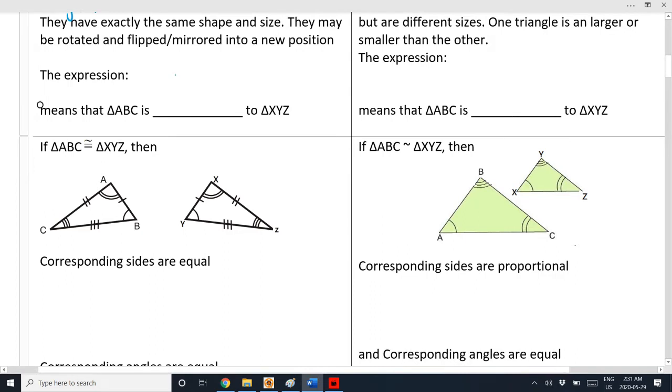If we were to measure these sides, we would see that side AC is equal to side XZ. Side AB is equal to side XY. And side BC is equal to side YZ.